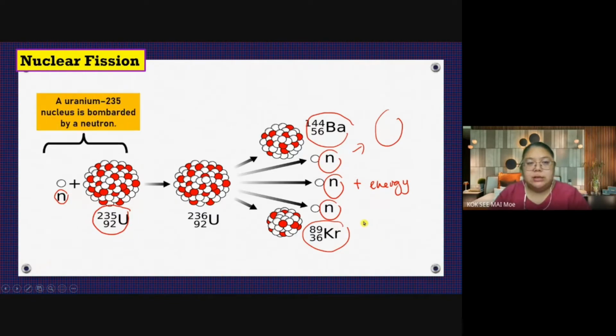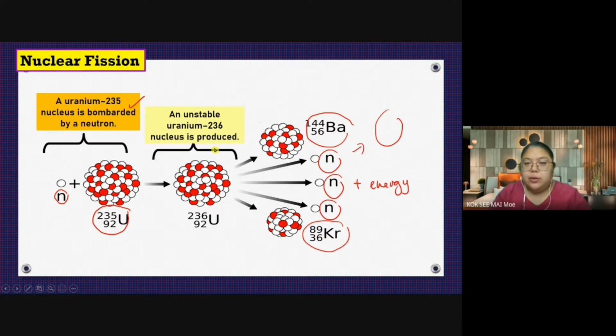Okay, so we're going to see uranium-235. Okay, we never say hit. We use the word bombarded. So the uranium-235 nucleus is bombarded by the neutron. After being bombarded, you see an unstable uranium-236 will produce... produce what?